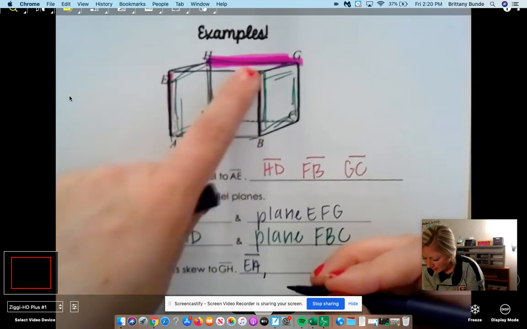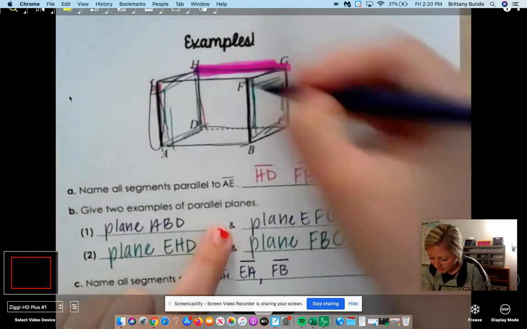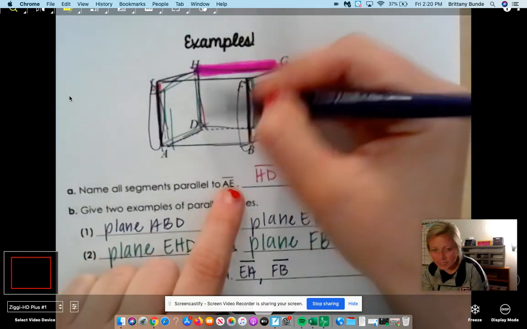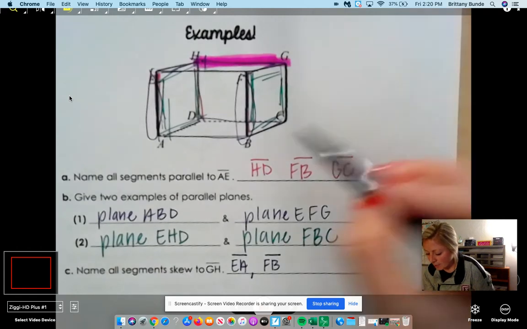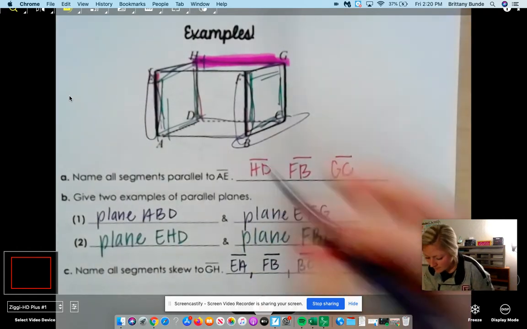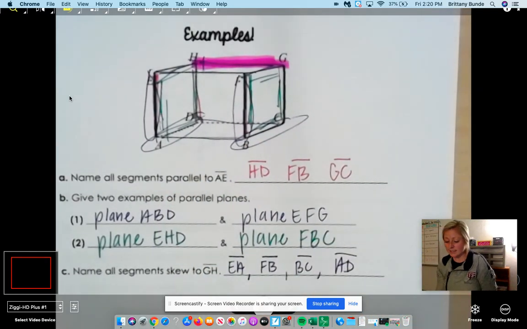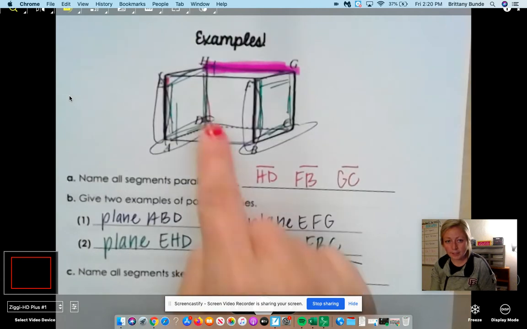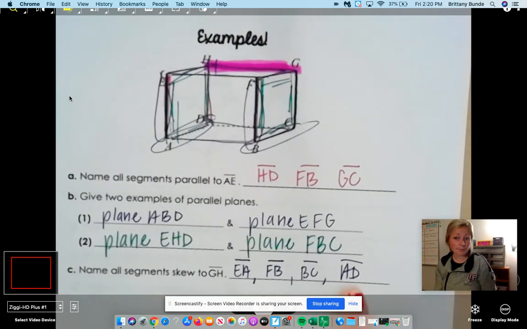We could have FB. So we knock those out. We couldn't do HD because do you guys see how they would intersect? And GC? But we could have BC on the bottom and AD. And that's it, because any other segment would be parallel to it or would intersect it. So we only have four.